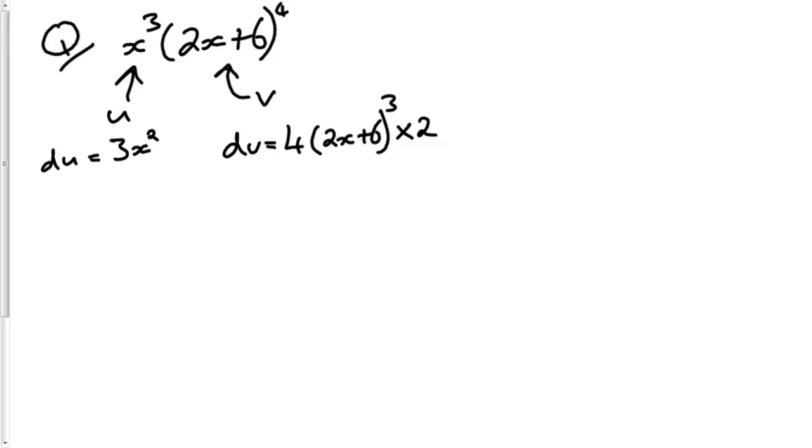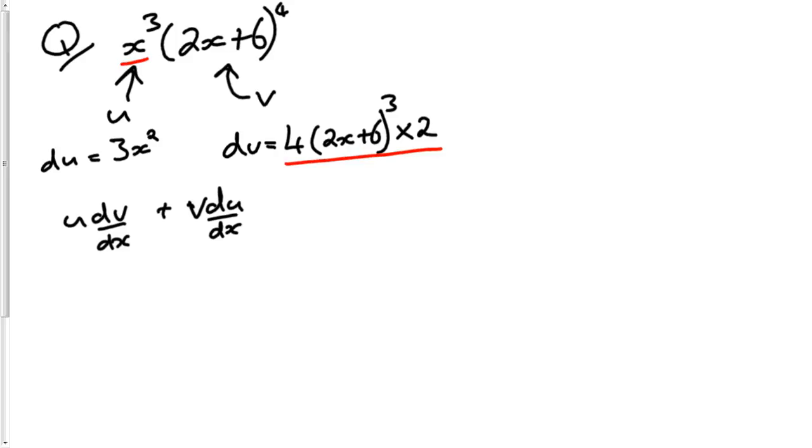We then use u dv plus v du, of course putting the dx there as well. I know I'm very lazy and I often neglect to do that. So u times dv is going to be x cubed times by this thing here.